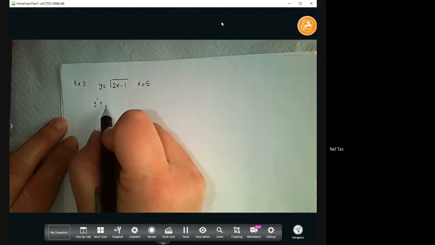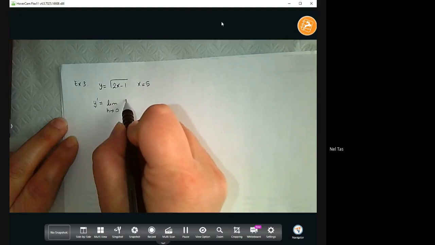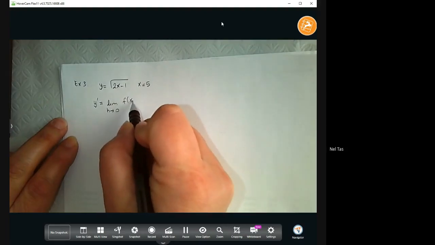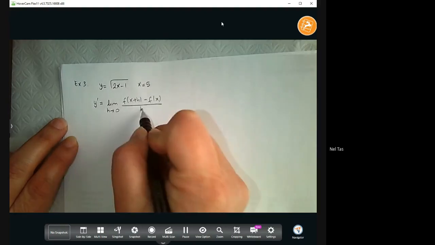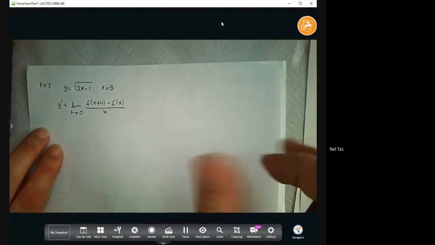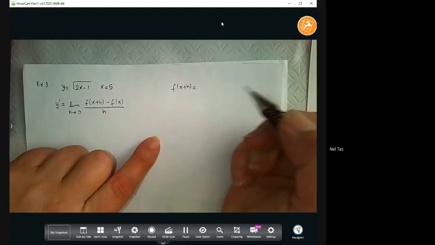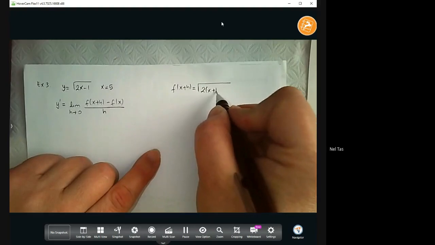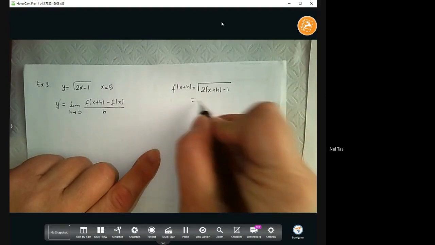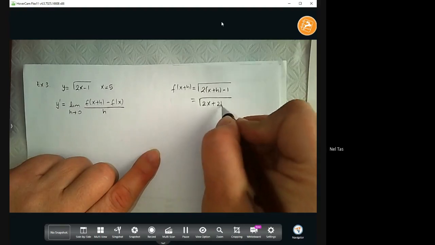The limit as h approaches 0, so we need f of x plus h minus f of x over h. I'm going to do f of x plus h on the side: square root of 2 times x plus h minus 1, so square root of 2x plus 2h minus 1.